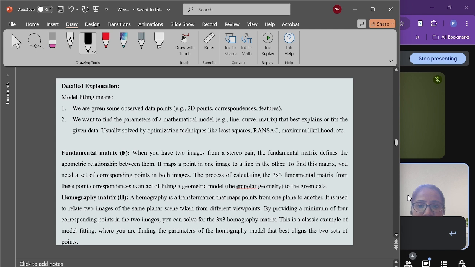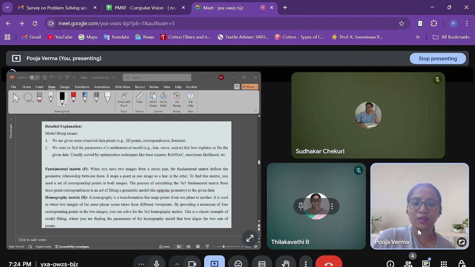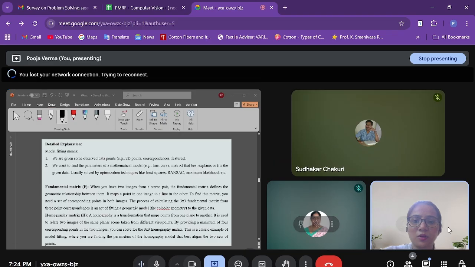By providing a minimum of four corresponding points in the two images, we can solve for the 3x3 homography matrix. This is also an example of model fitting, where we find the parameters of the homography that best align the two sets of points.